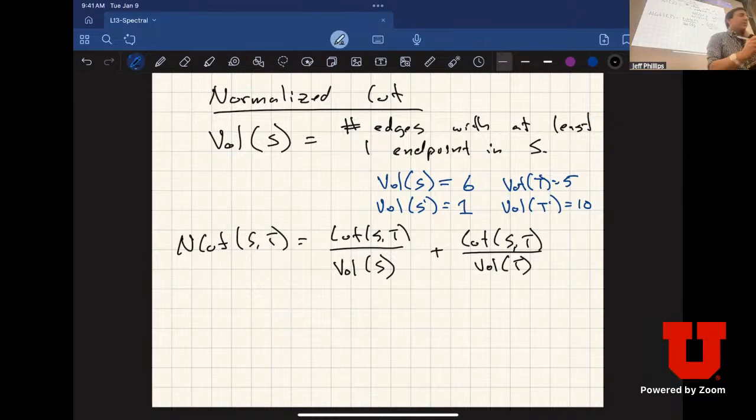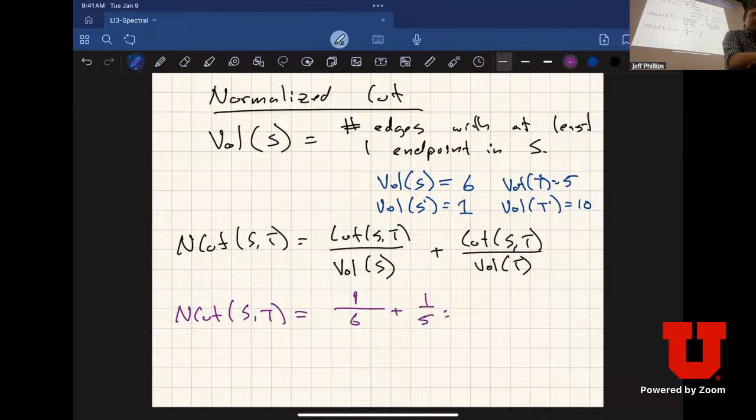We can now compute this. The normalized cut for S, T is going to be, the cut size is 1, and the volume of S is 6, so 1 over 6 plus 1 over 5. This is equal to about 0.367.